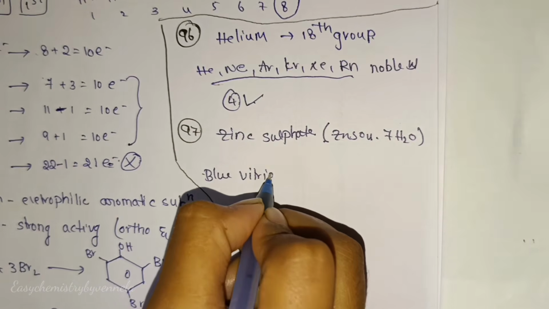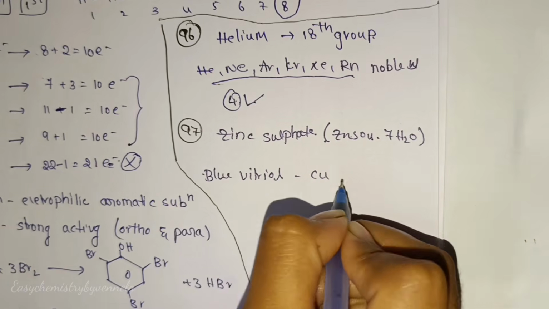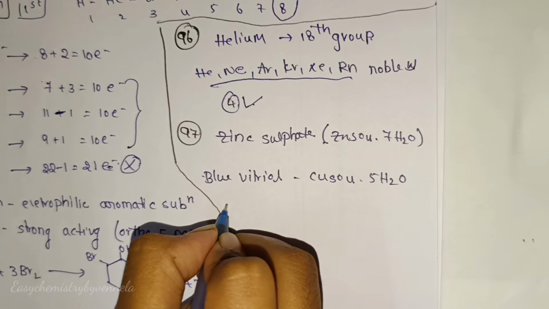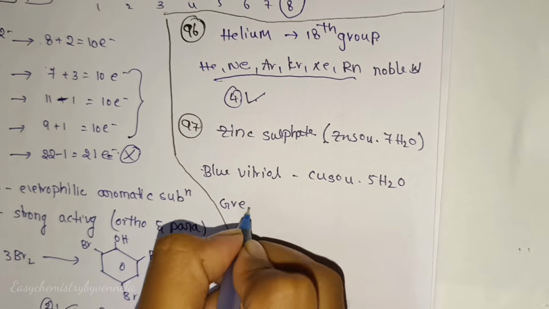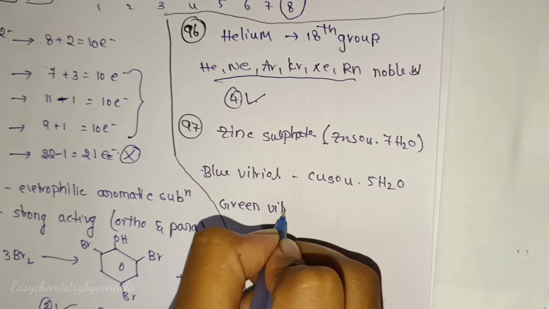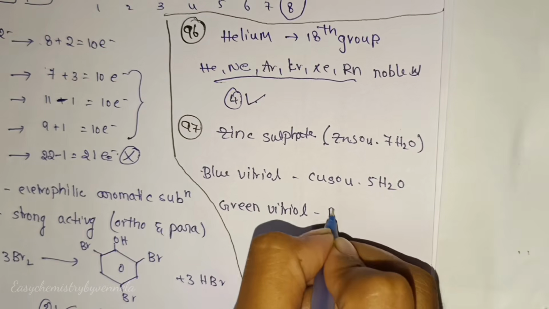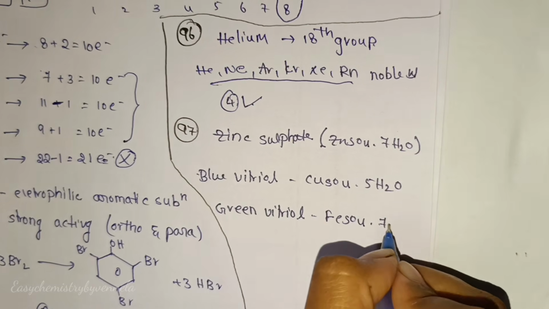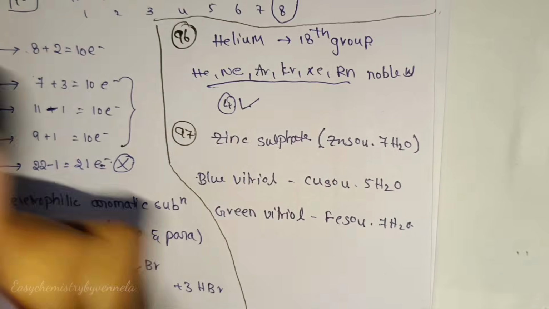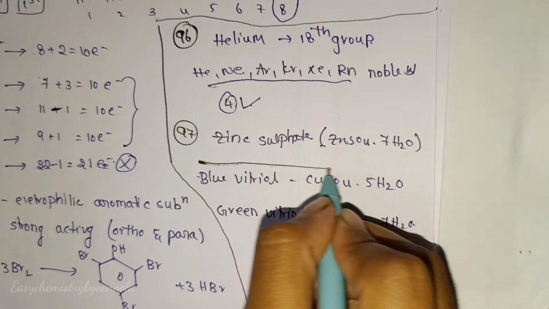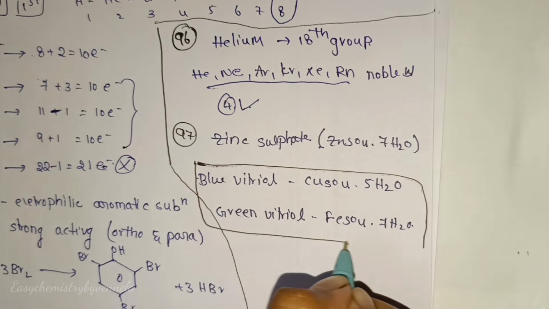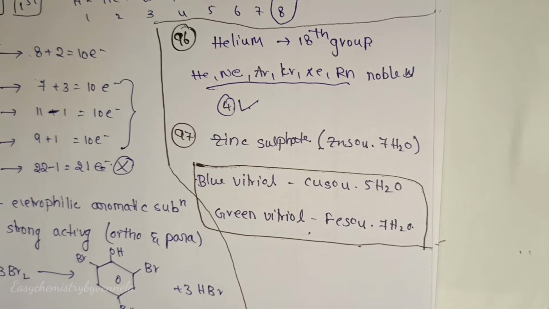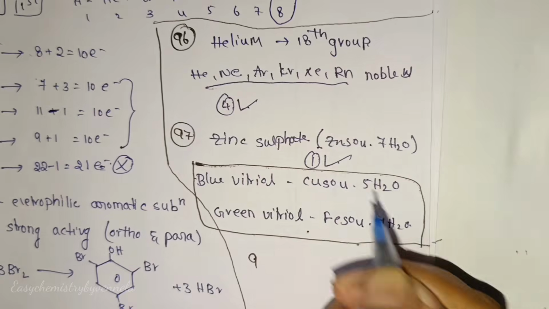Blue vitriol, that is copper sulfate, CuSO4 5H2O. Next, green vitriol, that is ferrous sulfate, FeSO4 7H2O. These are important vitriol names for competitive exams. So the correct option is the first one.